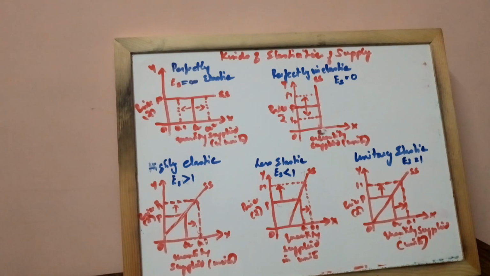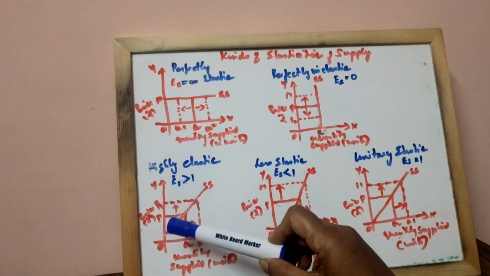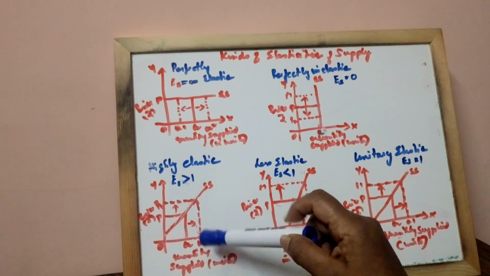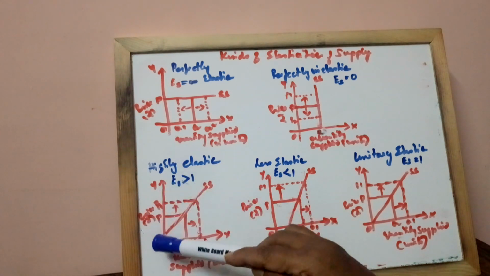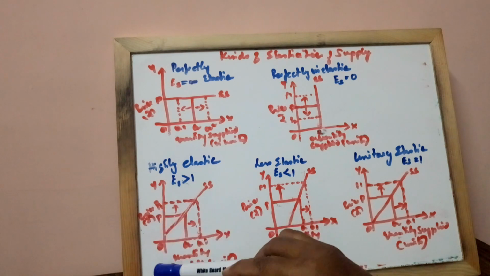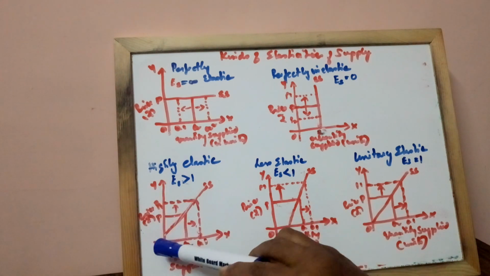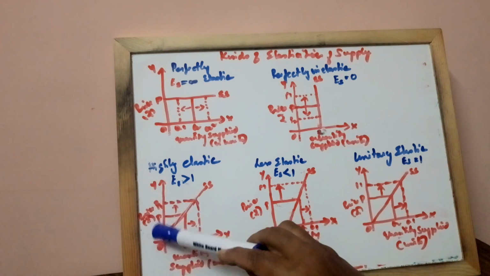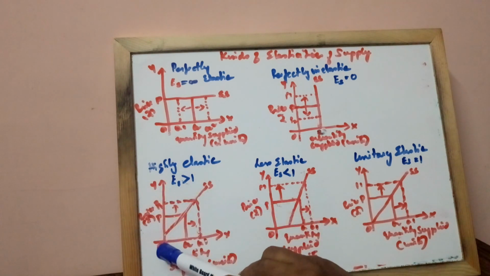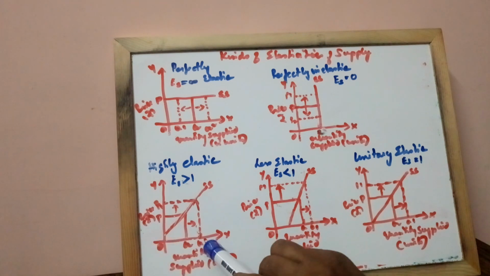The next one, highly elastic. So here you find x-axis quantity supplied, y-axis price. So you find OP. At OP you find OQ is the quantity supplied. Then price increases to OP1. So at OP1 you find the supply increases to OQ1.